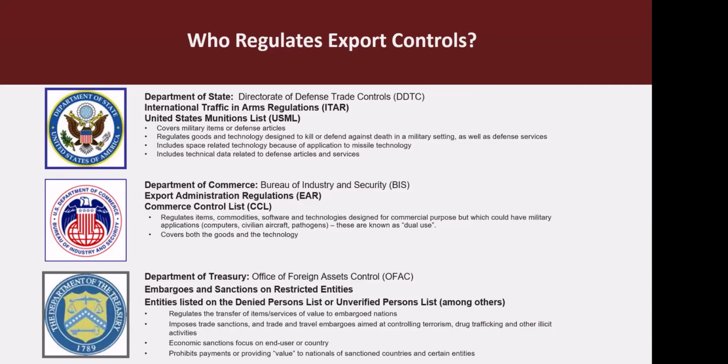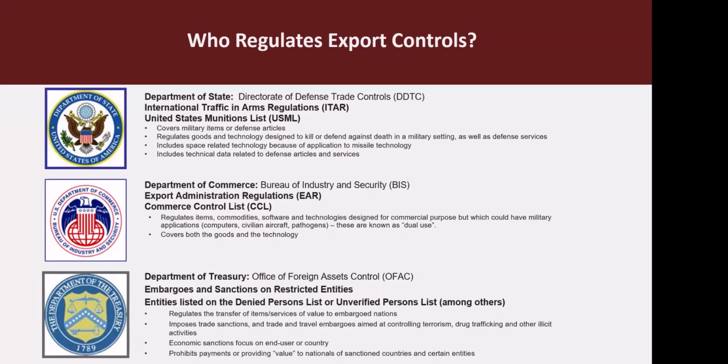So these are war things. Additionally, it includes space-related technology because of missiles. And as the fourth bullet point is a reminder, this includes technical data. So it's not just guns, bombs, rockets. It's not just those things, or even infrared cameras and things like that.